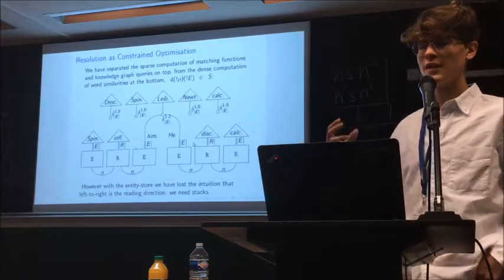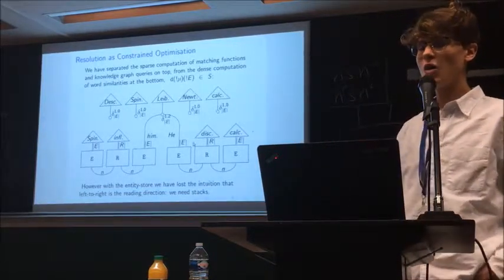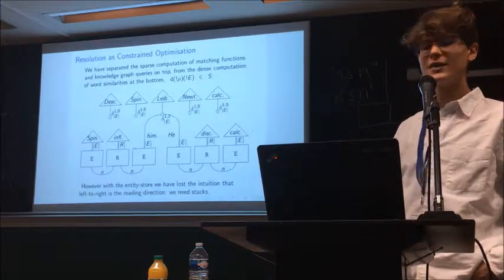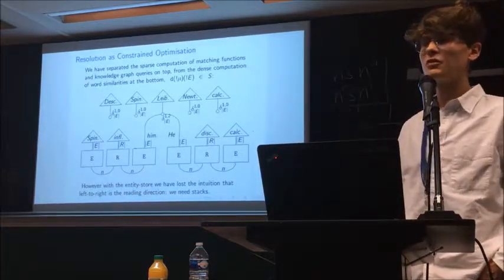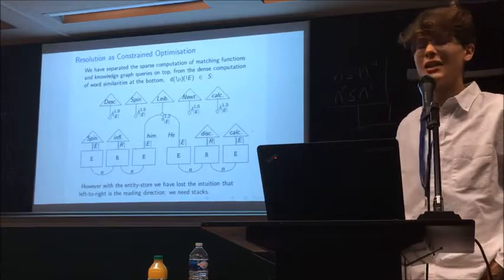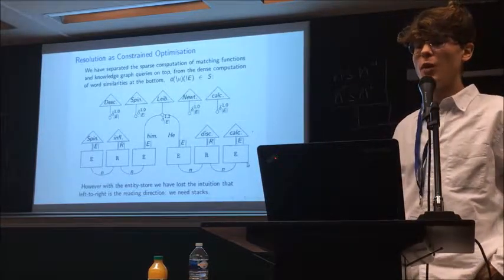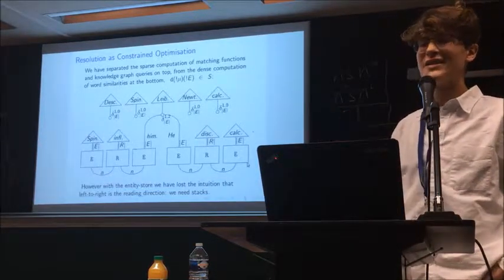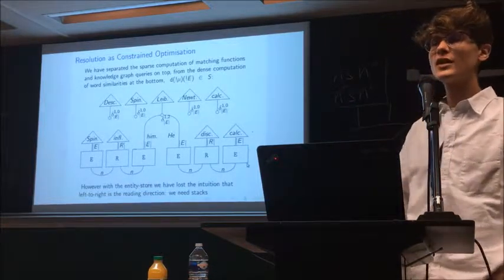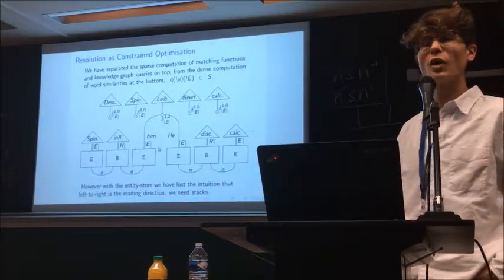So the idea is to try and separate on the bottom the dense computation, which involves word vectors encoding similarity, from the, let's say, symbolic sparse representations on top where all the vectors are one-hot.